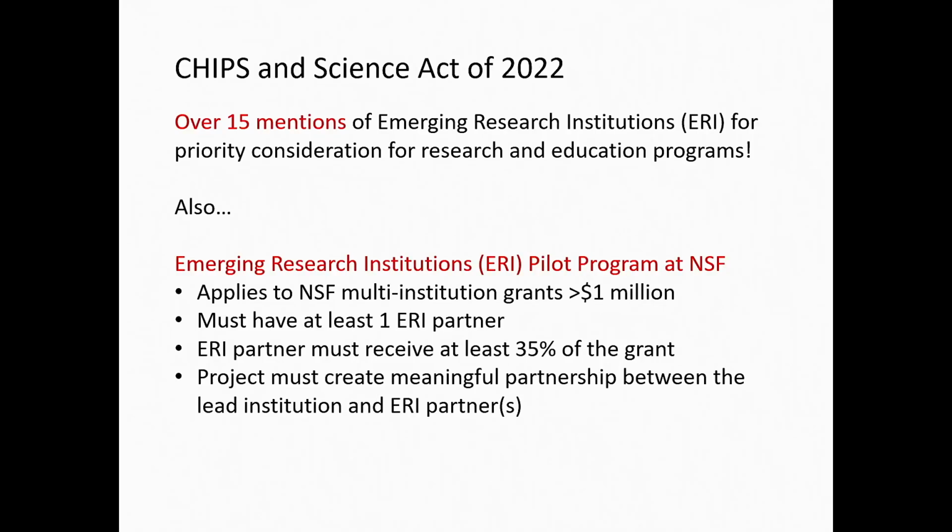The CHIPS and Science Act has over 15 mentions of emerging research institutions, and it also creates a pilot program at the NSF to foster meaningful partnerships between emerging research institutions and other lead institutions. NSF is still developing this pilot, but it's in there, it's in law.